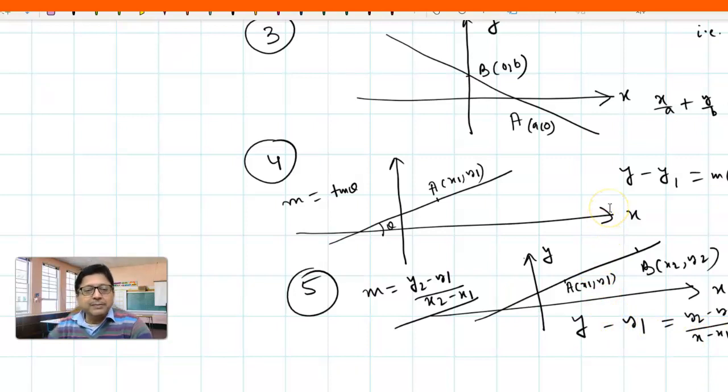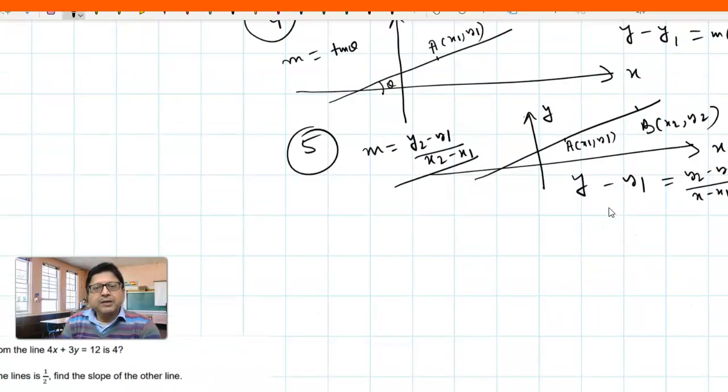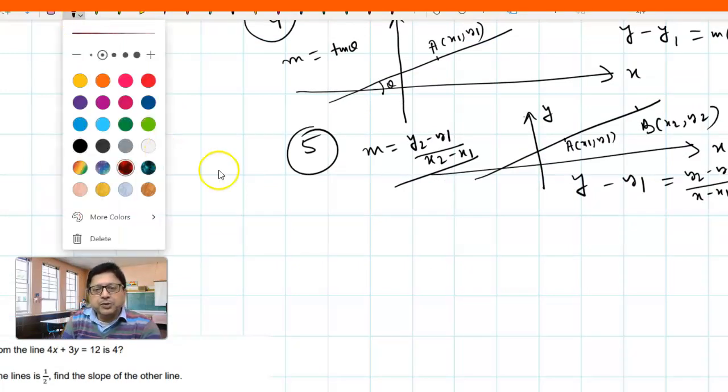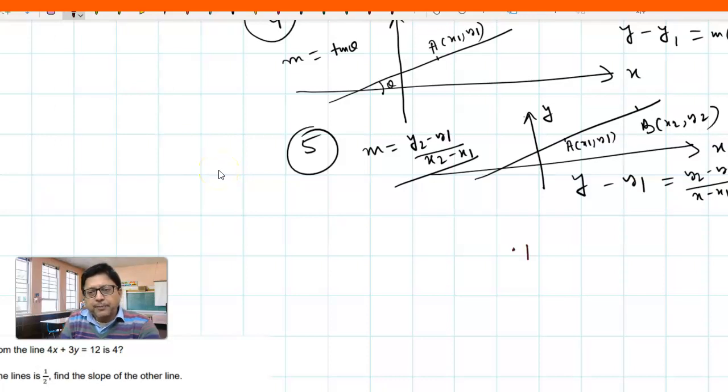But we must remember the perpendicular distance of a point from a line and distance between two parallel lines.